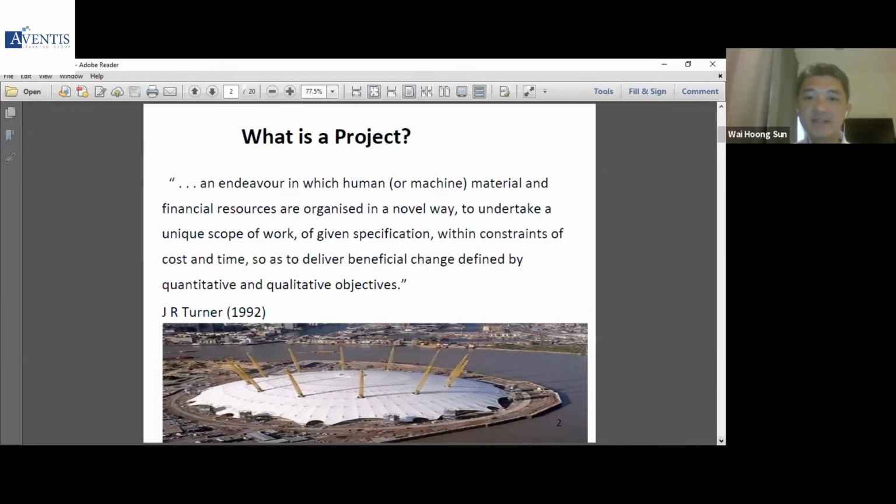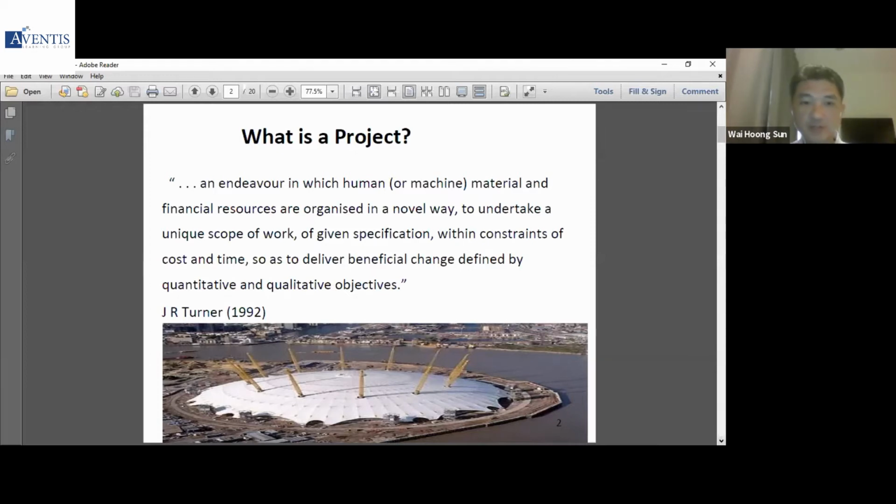And of course, what is the result of the project? You would like the project to deliver something that is beneficial to your stakeholders, right? In quantitative and qualitative manners. So quantitative is something that can be measured. So you can use a measuring tool to measure the outcome, right? So that is very specific, very black and white.